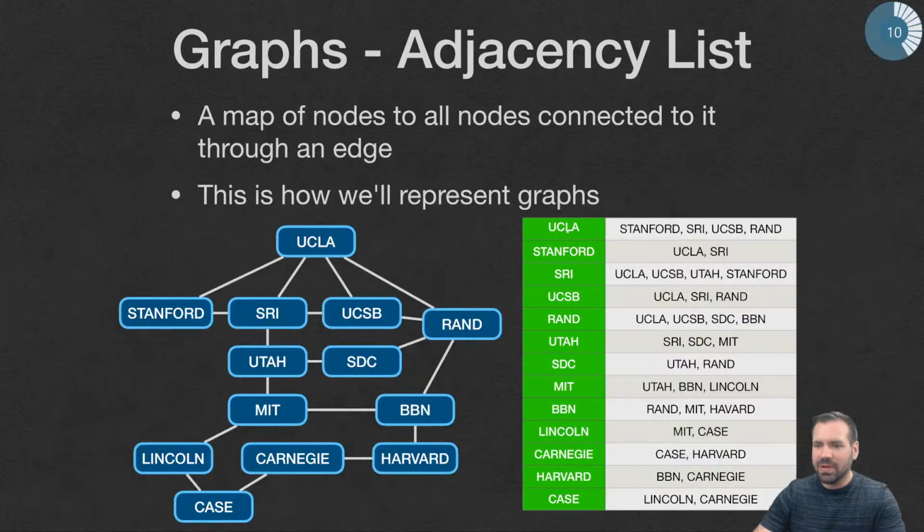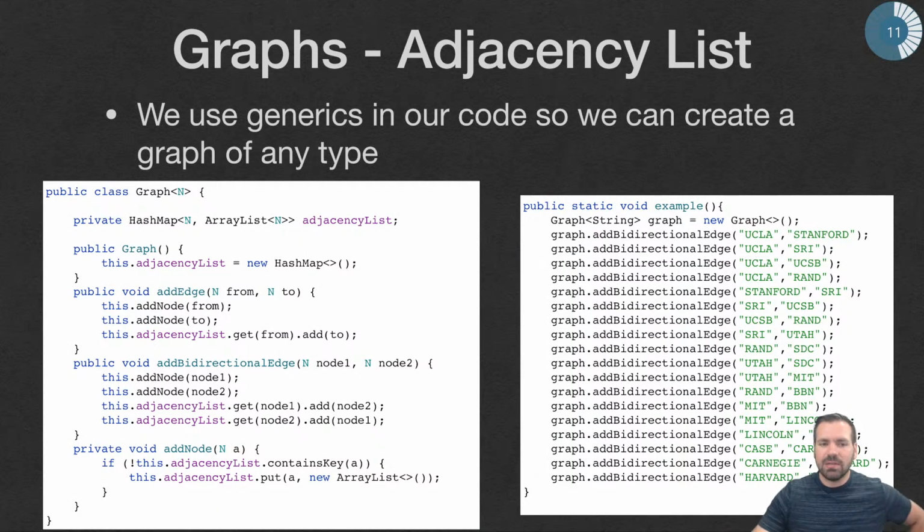So this is a hash map of nodes to an array list of nodes. That's our adjacency list. We have a constructor to initialize that, which we don't necessarily need. We could do adjacency list equals new hash map, except it would really crowd out my slide because that line gets too long. So we'll put this in the constructor, initializing the hash map to an empty hash map.